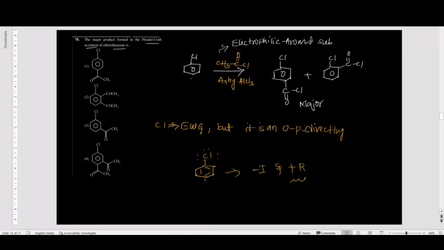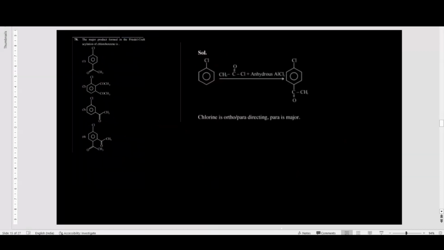So I hope it's clear why Cl is an ortho para directing group, right? So option 1 is the correct option. Chlorine and at the para position we have this group. So let's see, you can see here chlorine is an ortho para directing group. So para is major due to less steric hindrance.